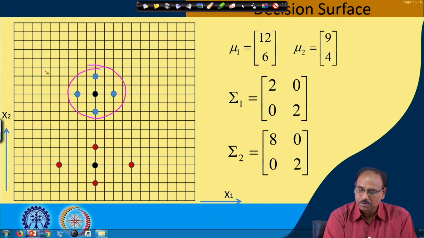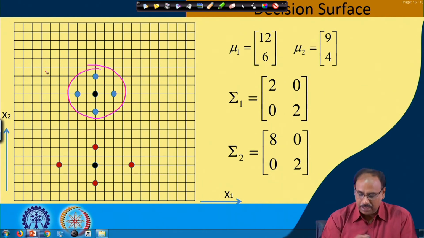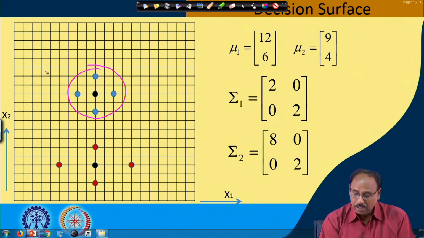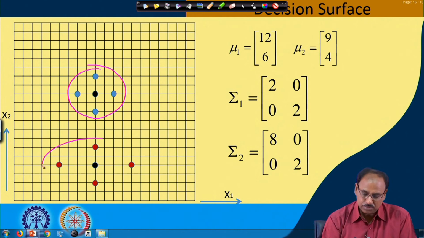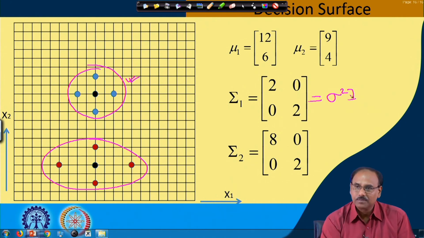The second one should actually be sigma_2, but that does not matter much. For the other class, the covariance matrix is [8, 0; 0, 2]. So, in the first case the points are spherically distributed, and the covariance matrix is of the form [2, 0; 0, 2], which is nothing but of the form sigma square I.